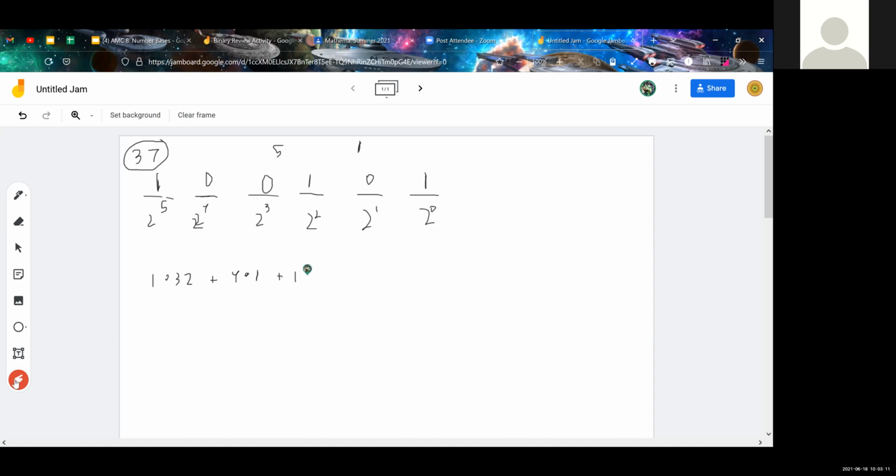And so when we write this out in our placeholders, it's 100101. And if you convert this number back into decimal, you're going to get 37 if you add it out: 32 plus 4 plus 1.